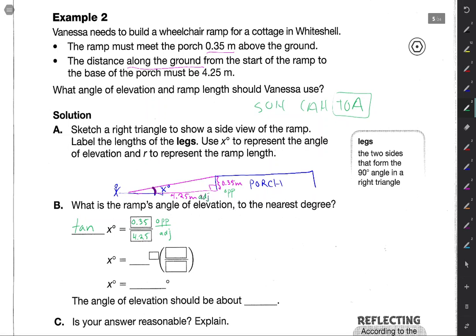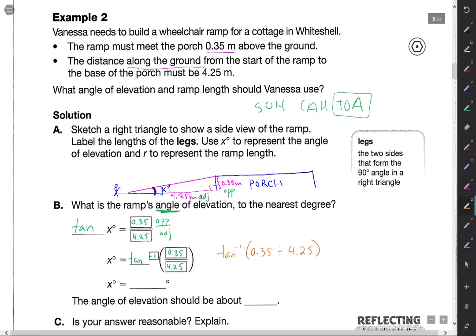And now we are solving for an angle in this case. Whenever we solve for an angle, we have to use the inverse button on our calculator. So we're going to do the inverse tan, or tan -1, of 0.35 divided by 4.25. If you're putting this into your calculator, you're going to do something like tan -1, 0.35 divided by 4.25.